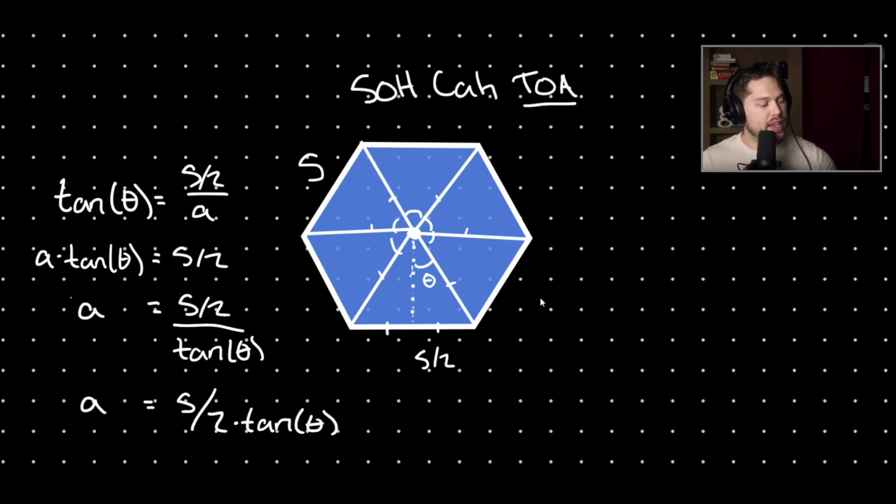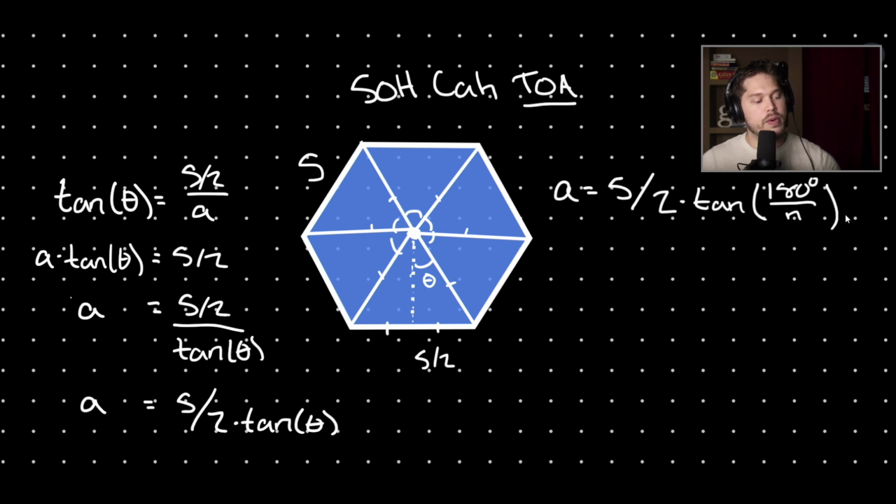We can say that our apothem is equal to s divided by 2 times the tangent of 180 degrees over n.